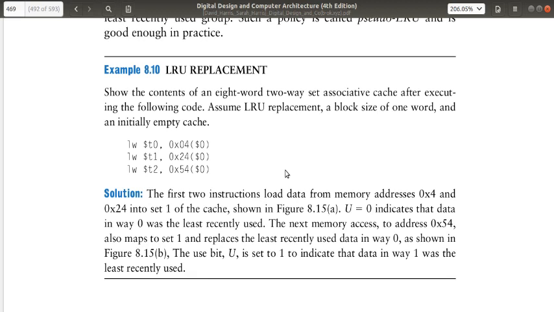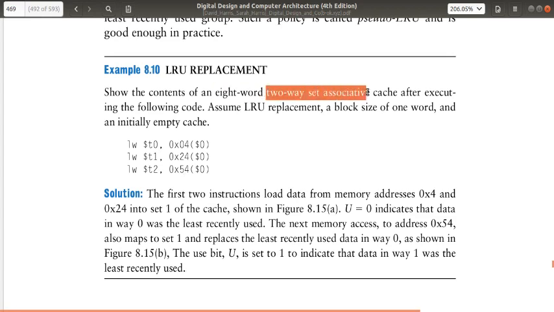So we will see an example to make things clear. Consider this example. We have three load word instructions, and we have to copy them into the cache. If you convert these into binary, all three will come into set 1. Here we are using an 8-word cache, which is two-way set associative.